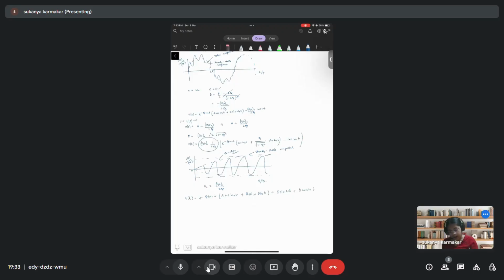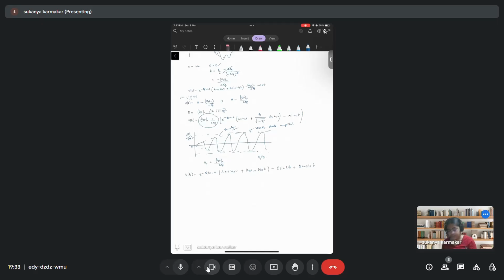Now I can use trigonometric identities and combine it to write u of t as something of the format u naught sine of omega t minus phi.